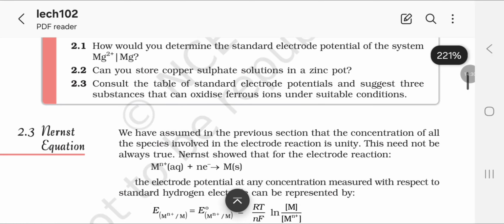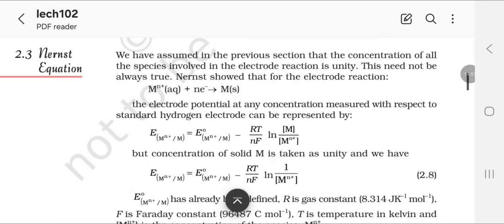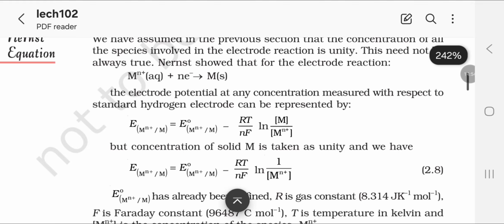2.3 Nernst equation. We have assumed in the previous section that the concentration of all the species involved in the electrode reaction is unity. This need not always be true. Nernst showed that for the electrode reaction Mn+ plus n electrons gives M, the electrode potential at any concentration measured with respect to standard hydrogen electrode can be represented by E(Mn+/M) equal to E°(Mn+/M) minus RT by nF ln of concentration of M by concentration of Mn+.